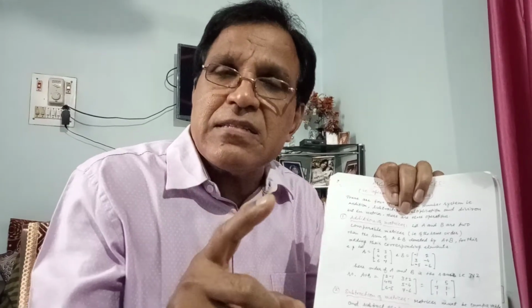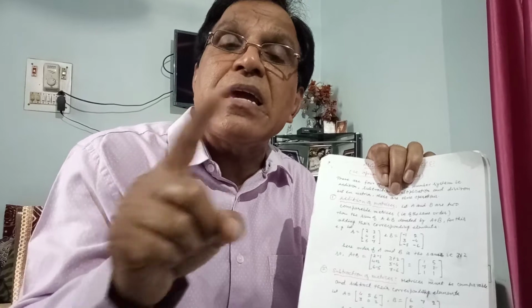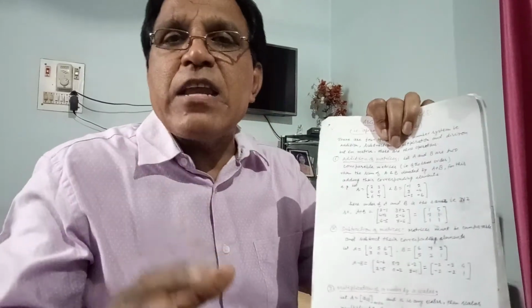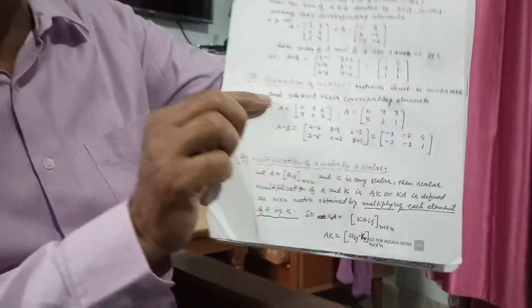Suppose that A and B are two comparable matrices having the same order. Their subtraction can be denoted by A minus B, and for A minus B we subtract the corresponding elements of matrix B from matrix A. So this is the meaning of the subtraction of the matrices. It is the example for the subtraction of the matrices.